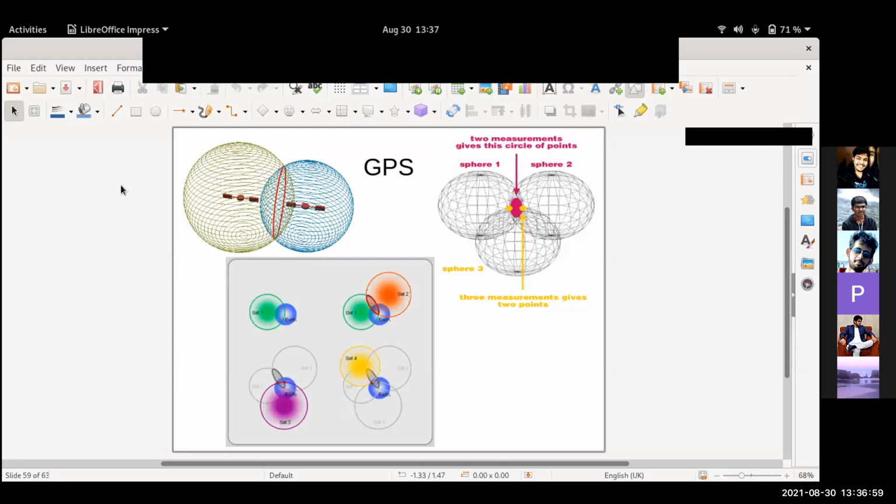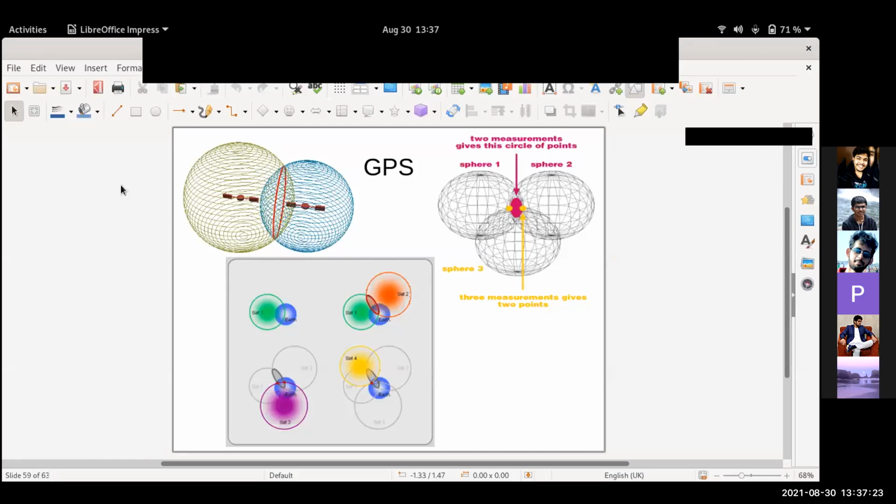The distance of the satellite to the user is what is computed by your mobile phone. There is something called CDMA-based transmission, code division multiple access, using some correlation properties. We will go into that. You can estimate the distance to the satellite. Once you know how far away you are from the satellite, you know the sphere around which the user is.